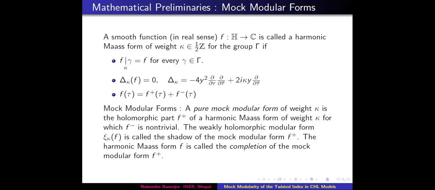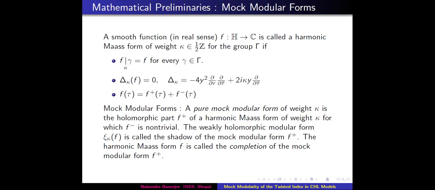Take any smooth function f, a map from H to C. It is called a harmonic mass form of weight k for the group gamma if, first of all, it's a modular form, and second, it is a zero mode of this operator, which is the Laplacian weighted with k. If both the conditions are valid, then such a function is called a harmonic mass form.